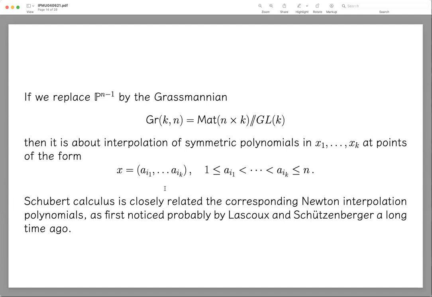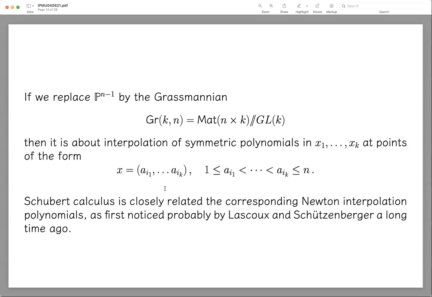Then the quotient instead of projective space is the Grassmannian. And the question is about interpolation. So instead of interpolating a univariate function in x, we now interpolate a symmetric polynomial in variables x1 to xk, which is what the cohomology of the Grassmannian looks like.